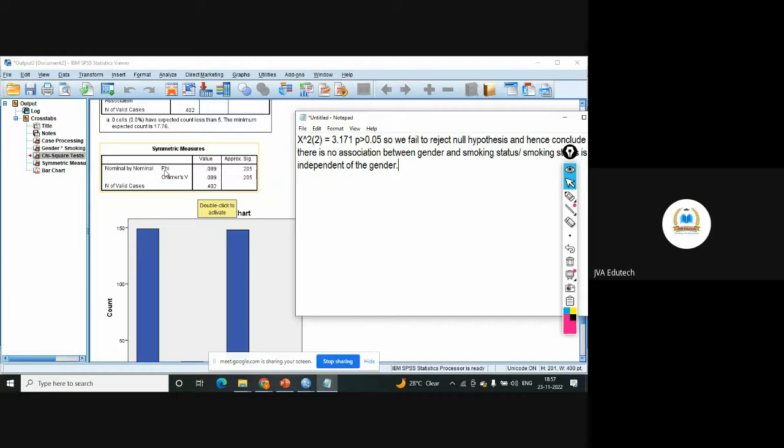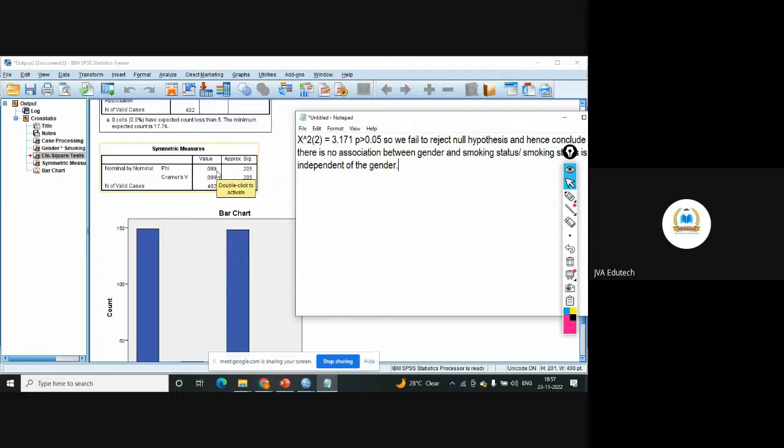If you have a 2 by 2 contingency table, meaning two categories in one nominal variable and two categories in another variable, then you should look for phi.